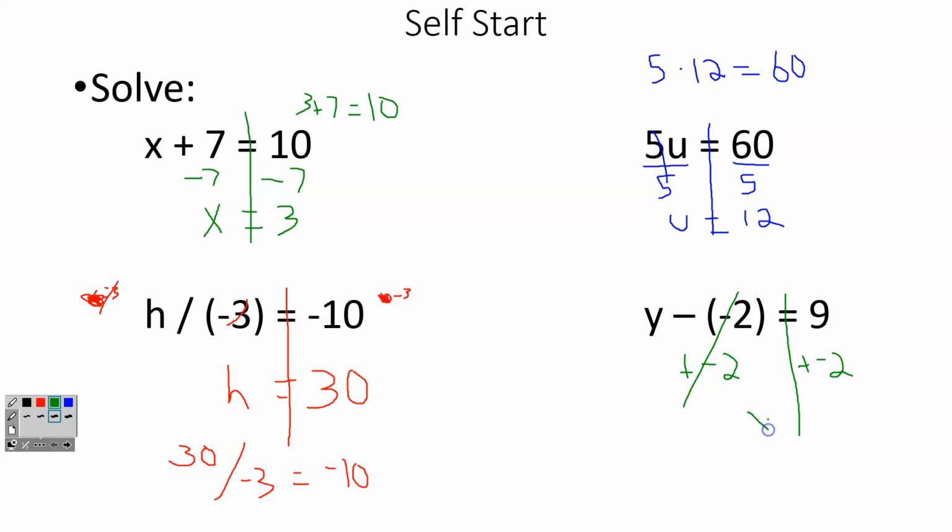Those cancel out, and I'm left with a y on this side. 9 plus a negative 2, if you type this into your calculator, would give you an answer of 7. Now, if you wanted to check your work, you would have 7 minus a negative 2, which is 7 plus 2, and that would give me an answer of 9. So that is a true statement as well.